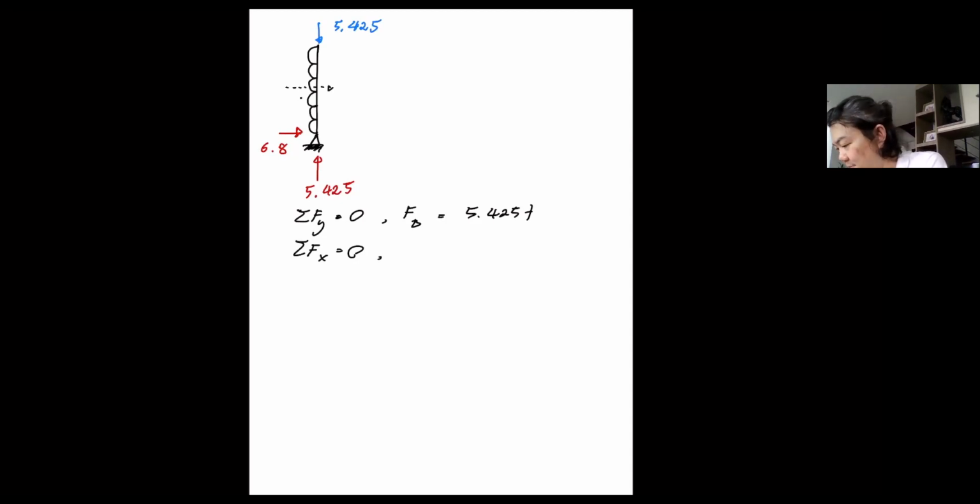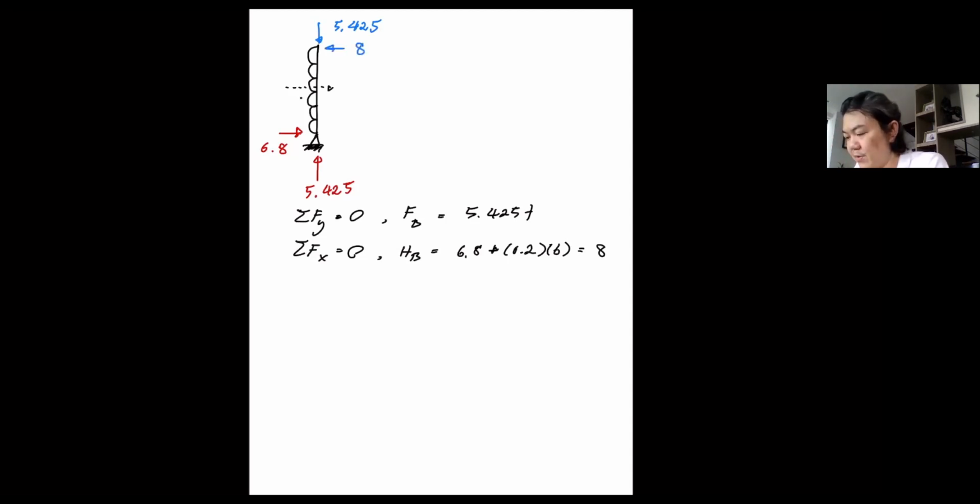So let's say HB now is going to be equal to 6.8 plus 0.2 multiplied by 6. So naturally that should give you 8, right? Because it should be equal and opposite to the forces on the right column. So that is now 8.